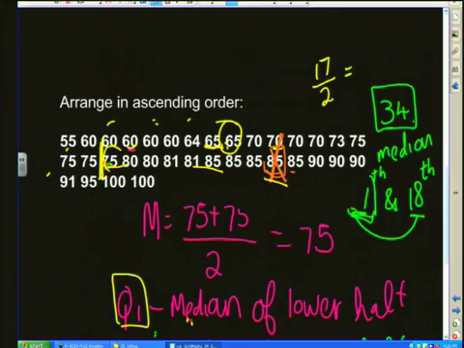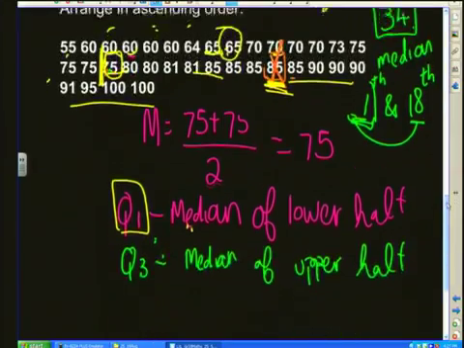I'm talking about the mark 75. All right, and then our upper quartile, which is Q3, tells us that 75% of marks are less than 85%, which implies that 25% must be greater than the mark of 85%.